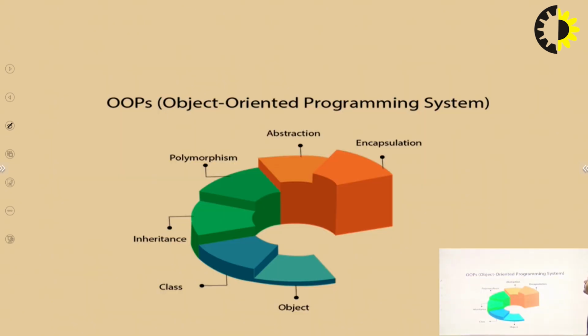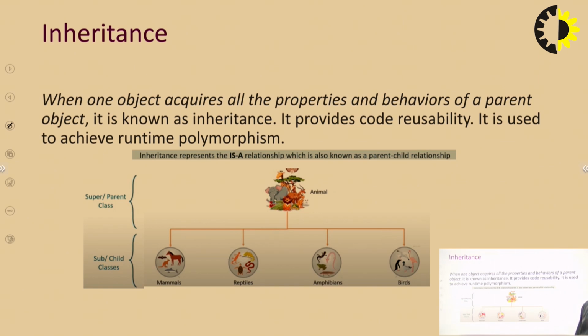Next, what are the pillars of object-oriented programming? In the OOPS concept, there are 6 main pillars of object-oriented programming: class, object, inheritance, polymorphism, abstraction, and encapsulation. Class and object I have already told you about. Next is inheritance.